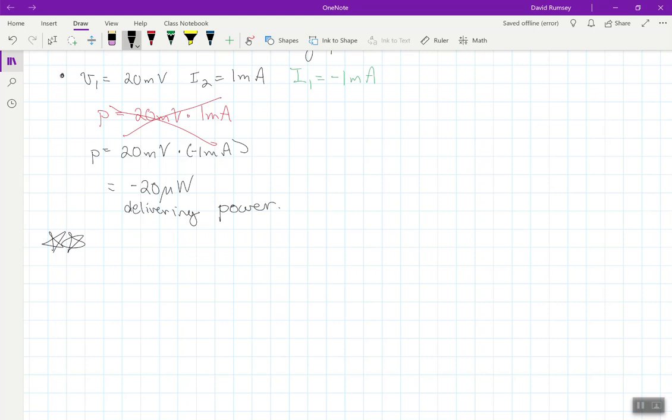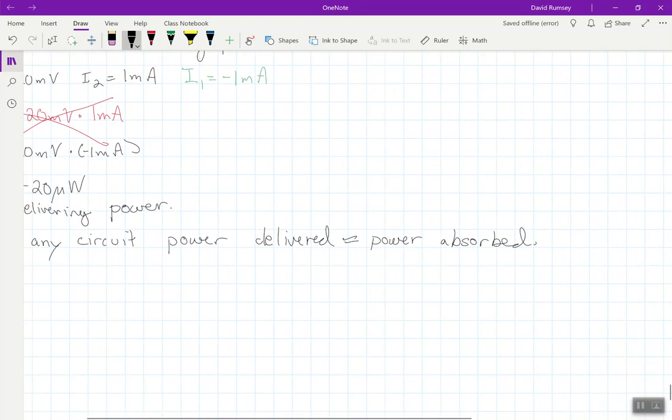The final comment here is that in any circuit, the power delivered must equal the power absorbed. Now, let me give you a case that sometimes messes people up, and explain why we have to be careful with this.